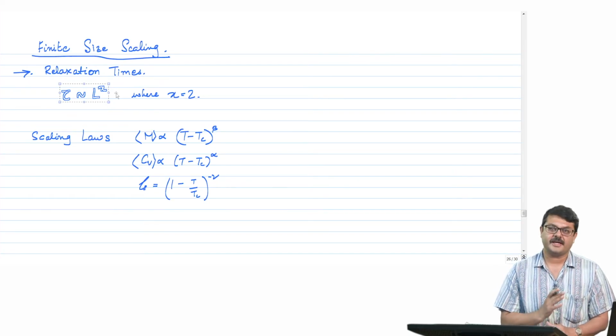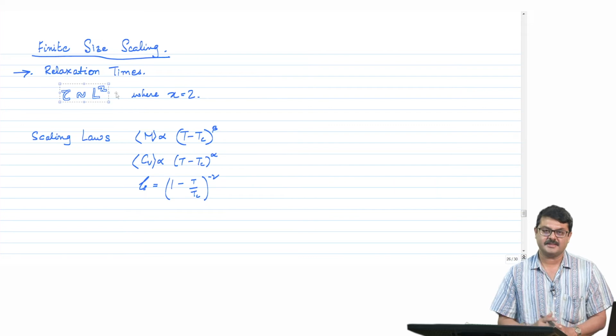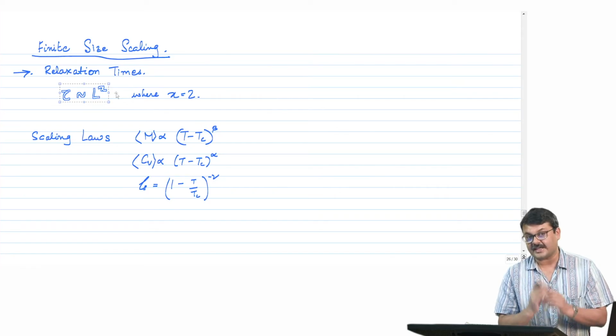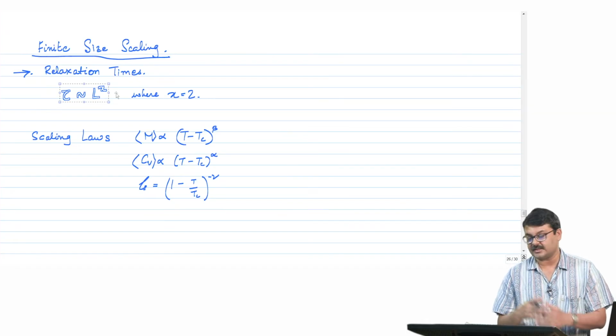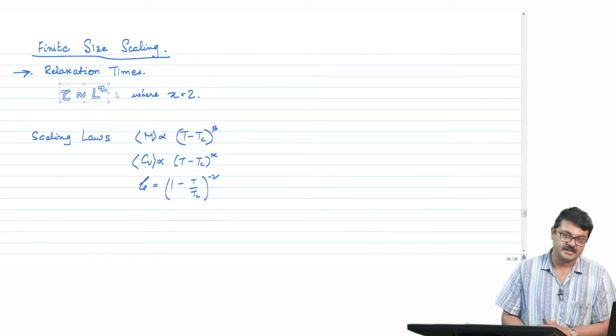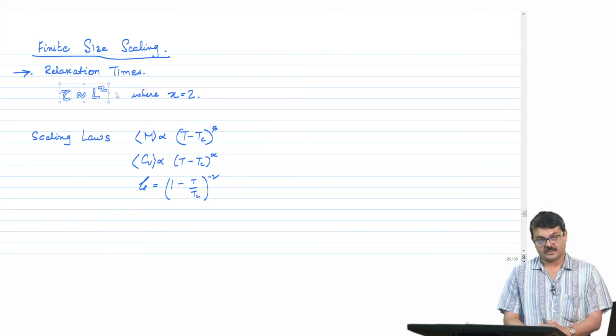And what one should ideally do is take this data after a few MCS, and it really depends. It is really important to check whether these microstates over which you are collecting data to calculate thermodynamic averages are statistically independent or not.